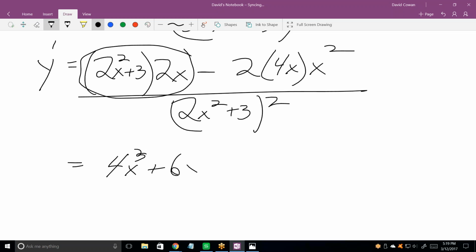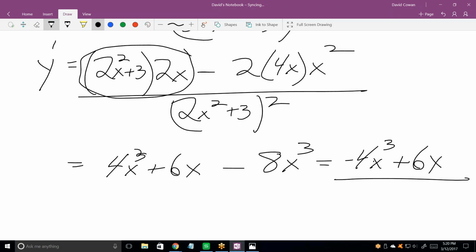And the right side? 8x cubed. And now combine all of that. So negative 4x cubed plus 6x. And it's all still over 2x squared plus 3 squared.